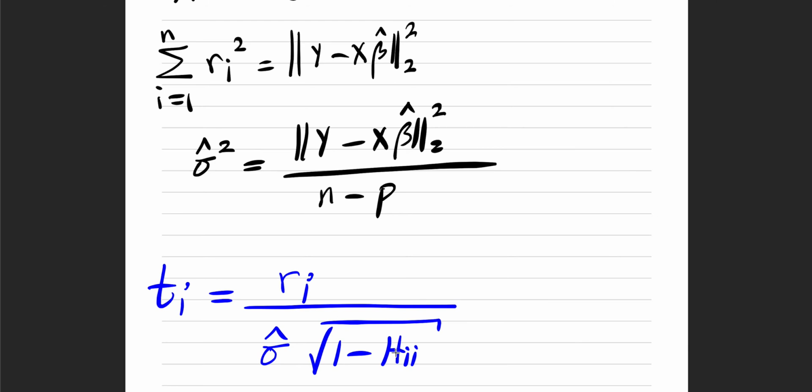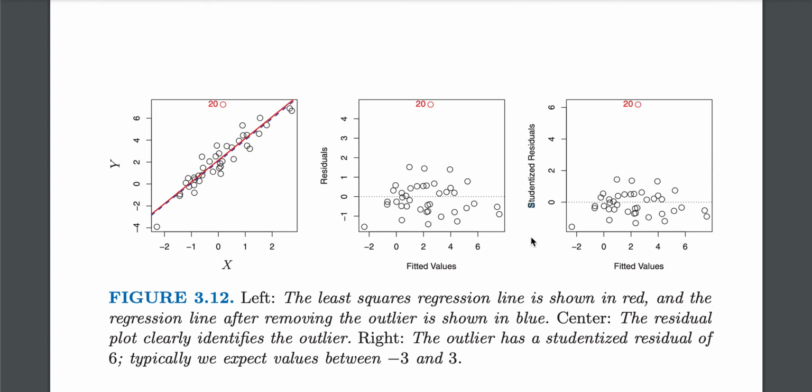And when we get to leverage, I will come back to the studentized residuals to make sense out of this equation. Okay, so if the studentized residuals are greater than 3 or less than -3, then we can call that data point an outlier.